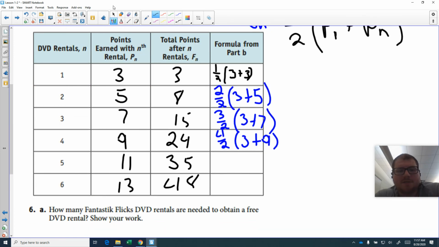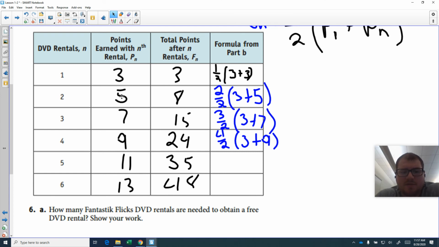From there, I have this chart filled out for you. I didn't want to waste a bunch of time just trying to solve this out. But if you notice, we can actually solve out any type of series with this equation. If I want to figure out how many total points I have at one DVD rental, I would have the total points I start with, and then this is your actual answer of your sum, and this is the formula itself. 1/2 of 3 plus 3 is going to equal 3.